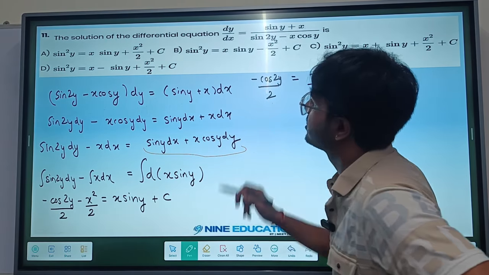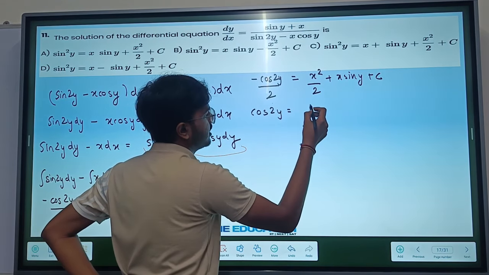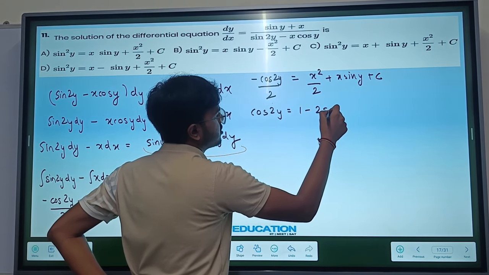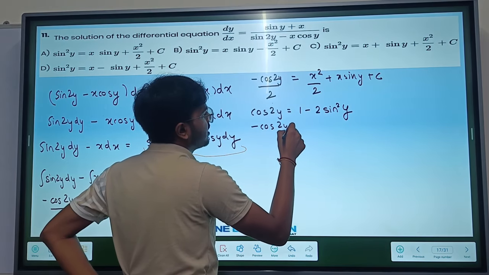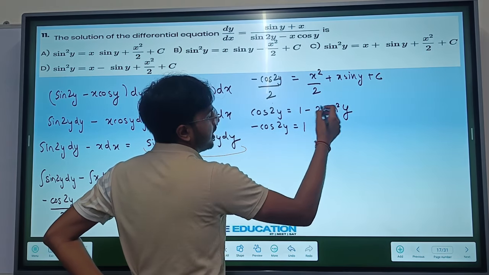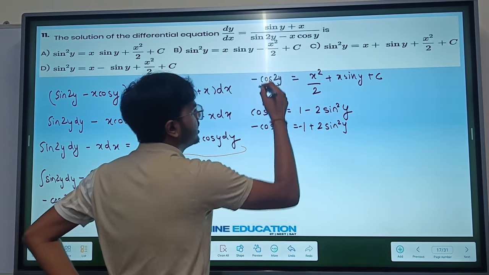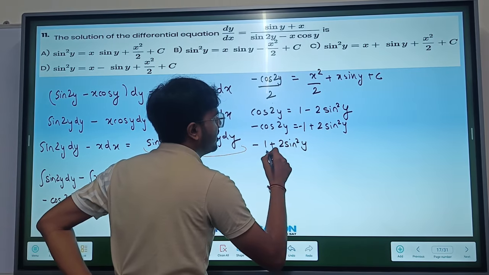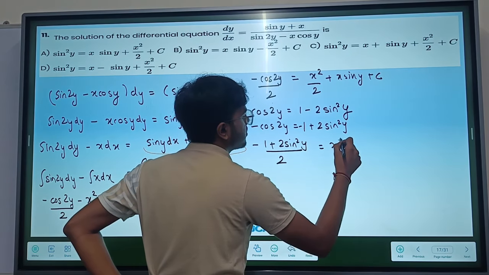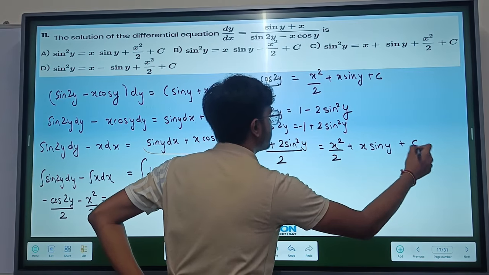Now if you see, options are in sin square y. Again we'll use the formula cos 2y is 1 minus 2 sin square y. So minus cos 2y would be minus 1 plus 2 sin square y. So here I'll keep minus 1 plus 2 sin square y by 2 equal to x square by 2 plus x sin y plus c.